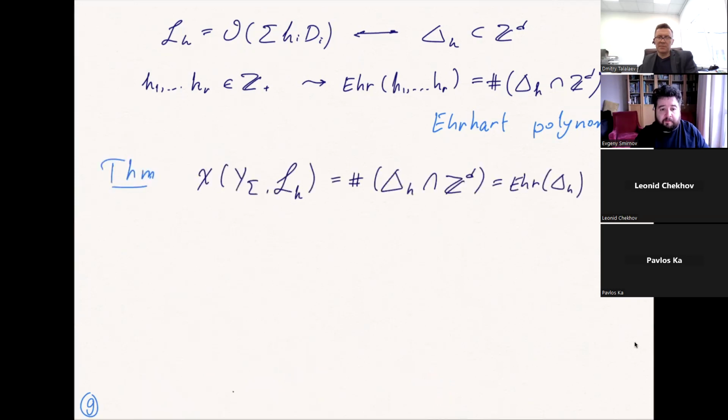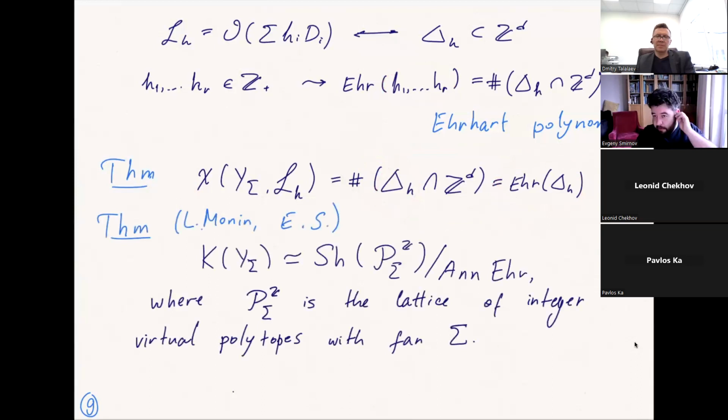A standard theorem, which you can find in any textbook on toric varieties, says that the Euler characteristic of a line bundle is equal to the number of integer points in the corresponding polytope, that is, the value of the Ehrhart polynomial on the corresponding polytope, the number of points in delta H, which is the Ehrhart polynomial corresponding to the h's.